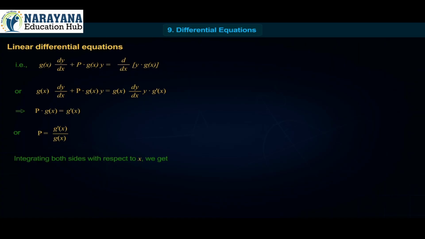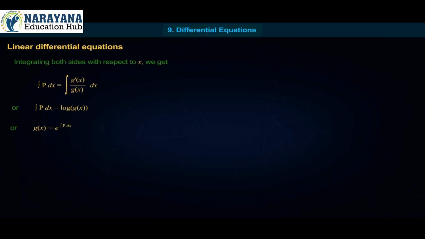Integrating both sides with respect to x, we get integration p dx is equal to integration g dash of x upon g of x dx, or integration p dx is equal to log of g of x, or g of x is equal to e raised to integration p dx.